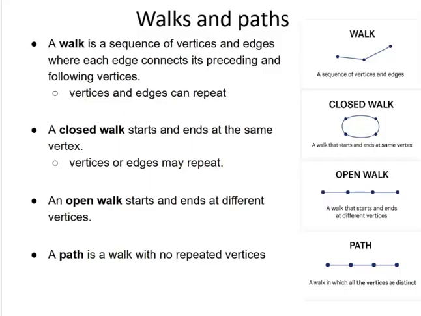We can have a walk. A walk is basically a journey along edges, going through vertices, or nodes. A walk is a sequence of vertices and edges where each edge connects its preceding and following vertices. We might have to repeat, as we can go through roads more than once or go through nodes more than once.